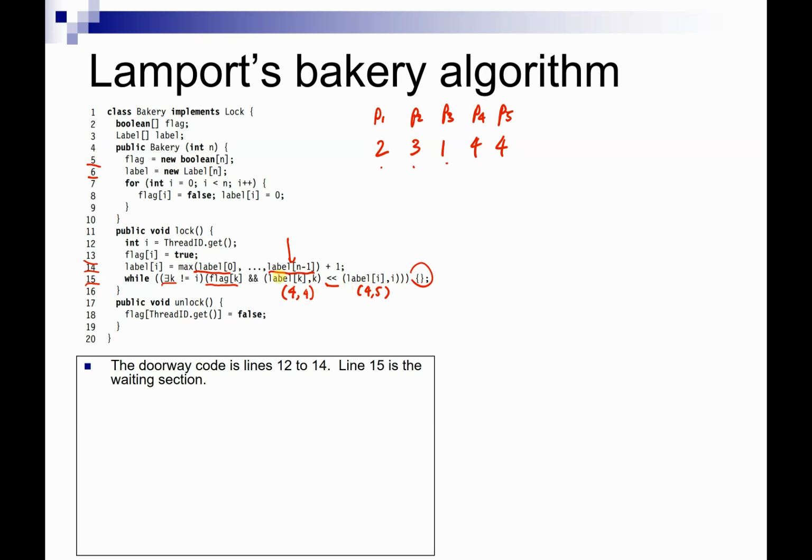If you make these pairs and compare them lexicographically, meaning you first compare the first digit, then if this label here were a 3, no matter what, this is going to be less than something that starts with a 4.